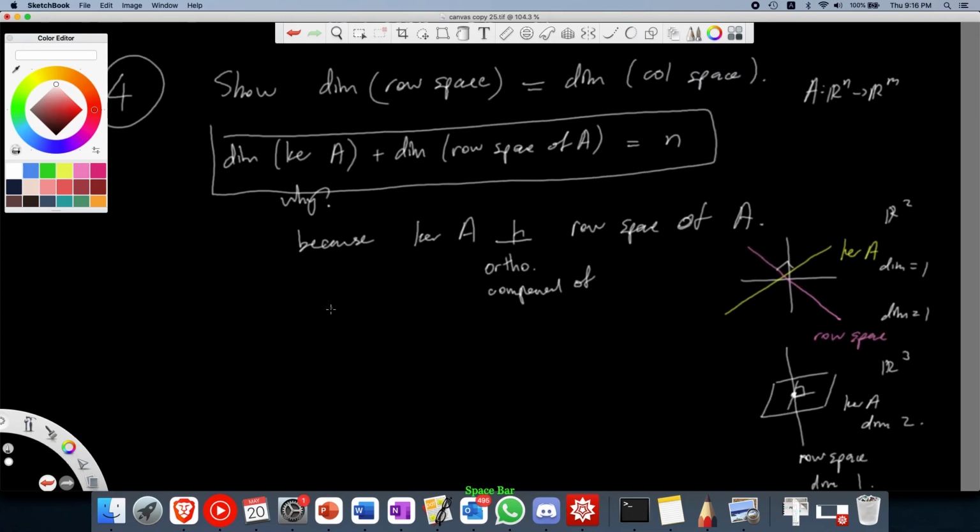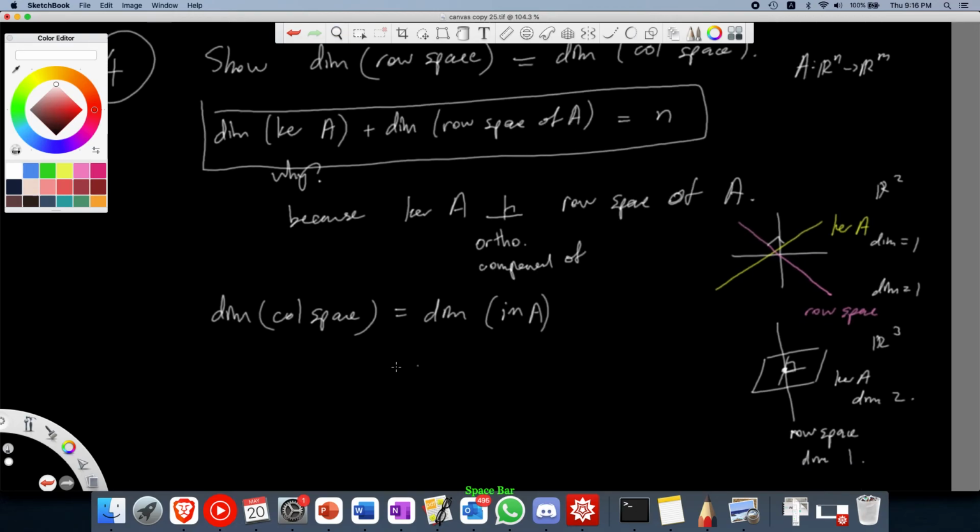Okay, and we also know that the dimension of the column space is equal to the dimension of the image of A, or in other words, the dimension of the range, because we know the column space is the range.